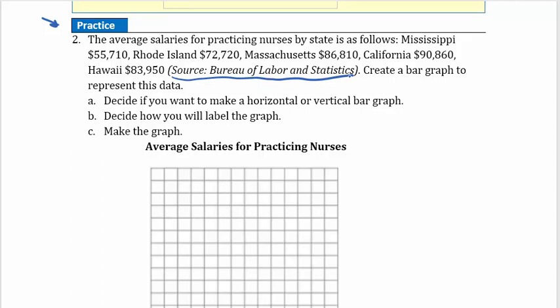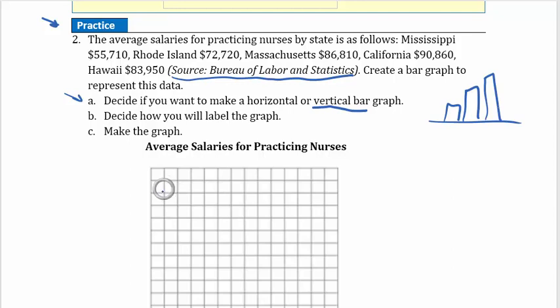So what we're going to do here is we're going to create a bar graph to represent this data. So decide whether you want to make a horizontal or vertical bar graph. Since we had a horizontal one in the example up there, let's make a vertical bar graph, meaning that our bars are going to start at the bottom and kind of travel up each of these bars for the different salaries. Decide how you're going to label the graph.